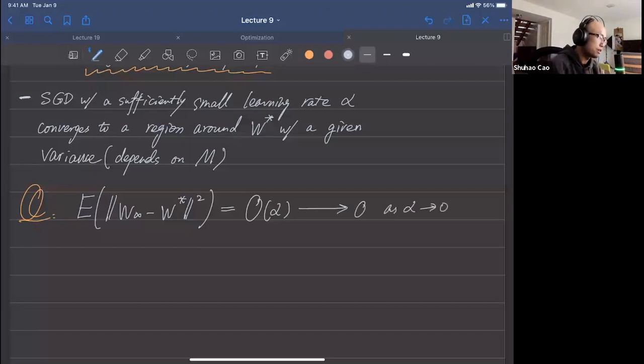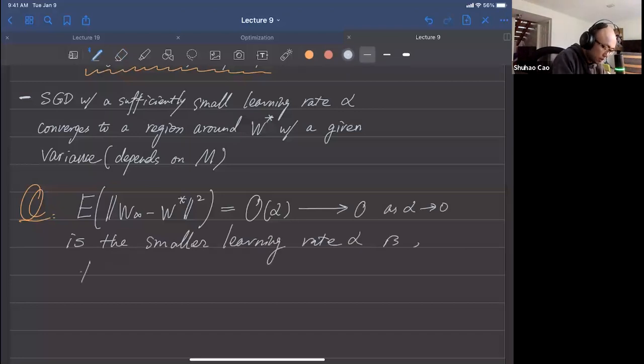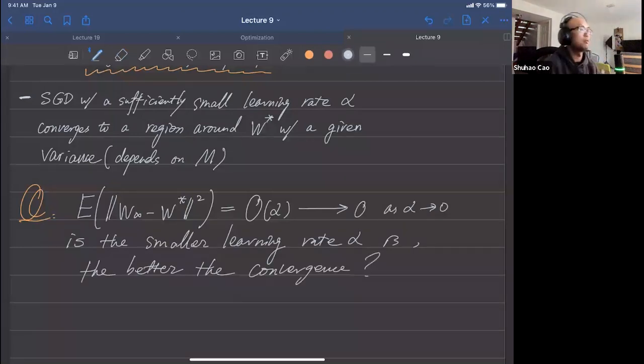So a natural question to ask is: the smaller the learning rate alpha is, the better the convergence? That's a question we will try to answer next time.